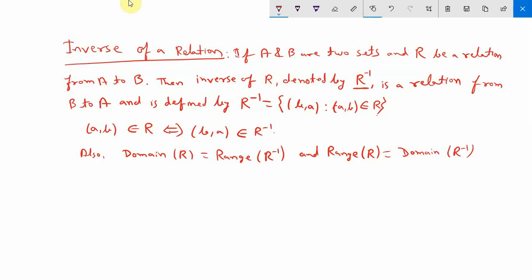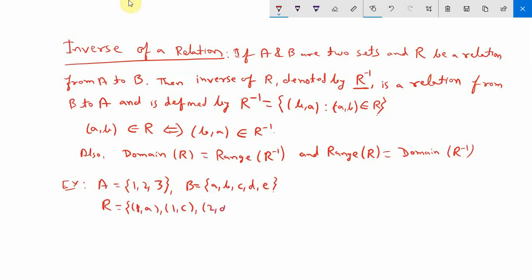Okay friends. So if we see an example on this, if set A is given as {1, 2, 3}, and set B is given as {a, b, c, d, e}, and R be a relation from A to B, which is {(1, a), (1, c), (2, d), (2, c)}.